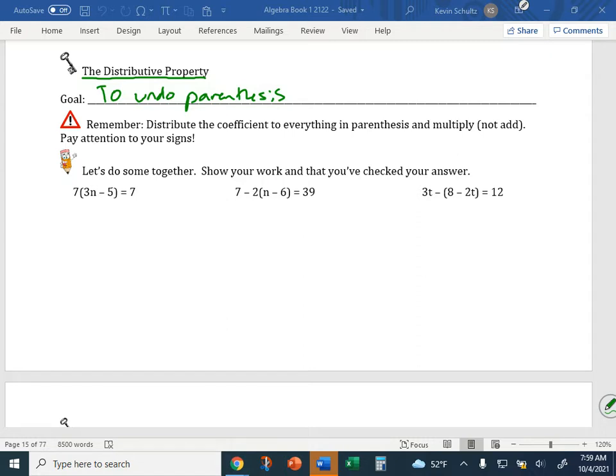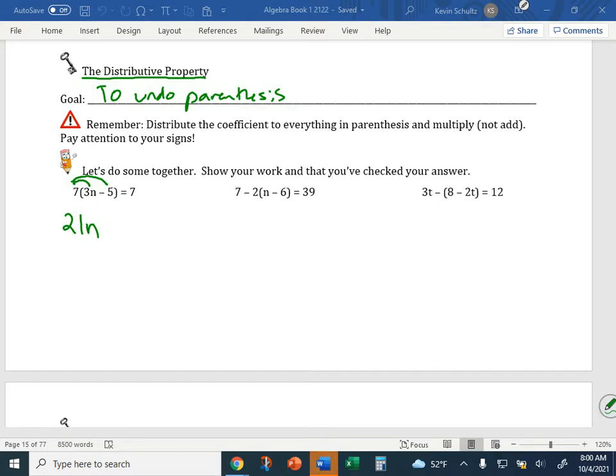So this 7 times 3n minus 5, to distribute this, we're going to multiply everything inside of the parentheses by 7. Because really what this is saying is that we've got 7 groups of 3n minus 5, which means we have 7 groups of 3n, which is a total of 21 n's. 7 groups of 3 is 21.